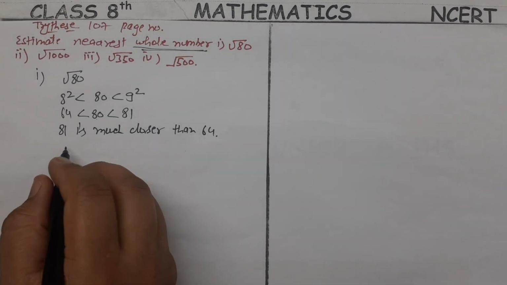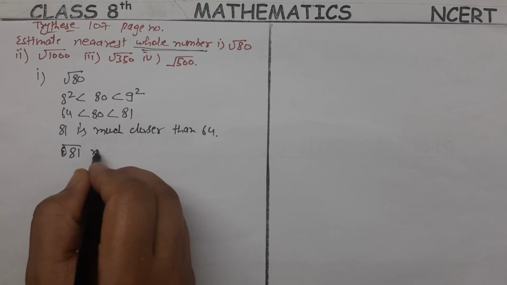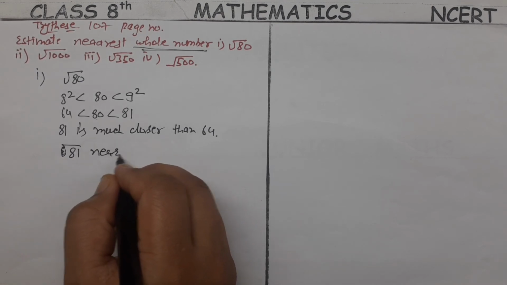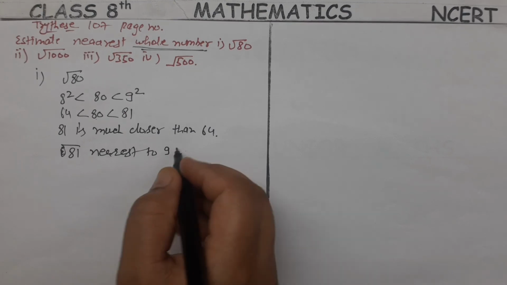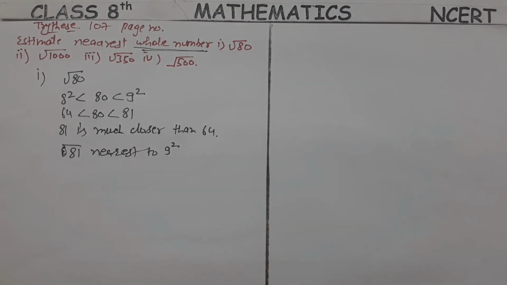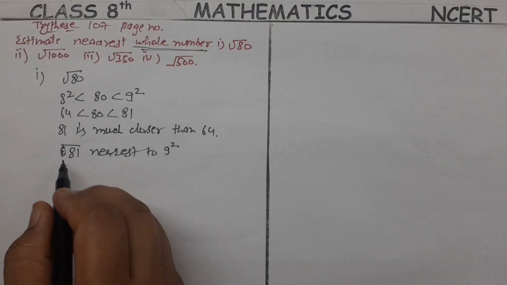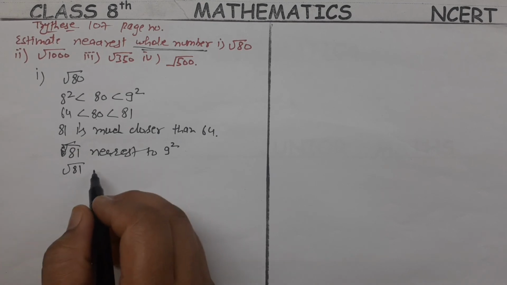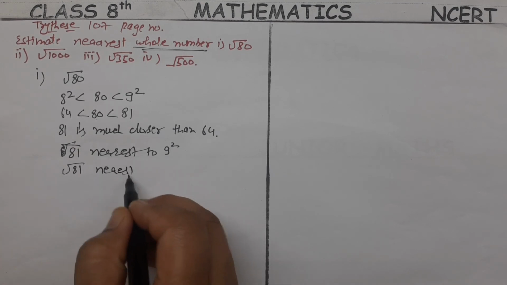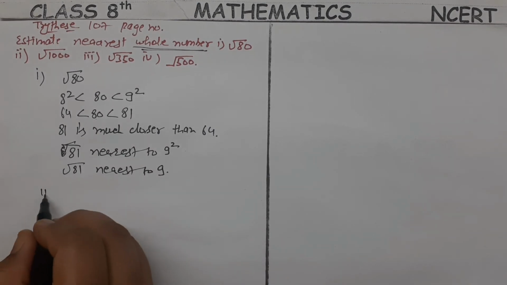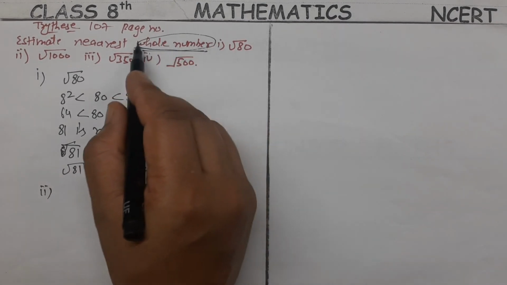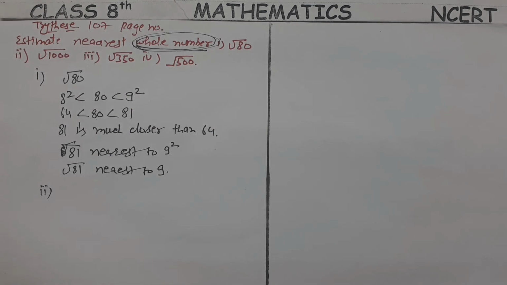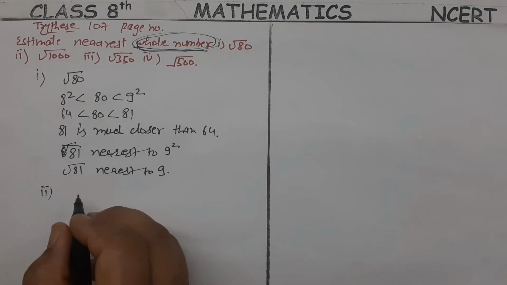So root 80 is nearest to 9. We have to find the nearest whole number, not a decimal number.